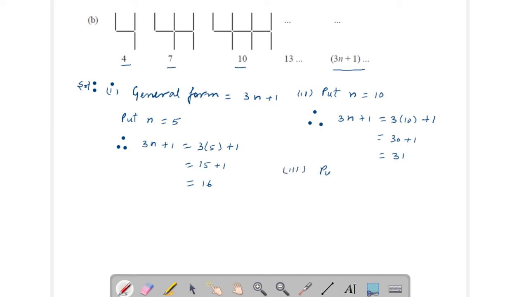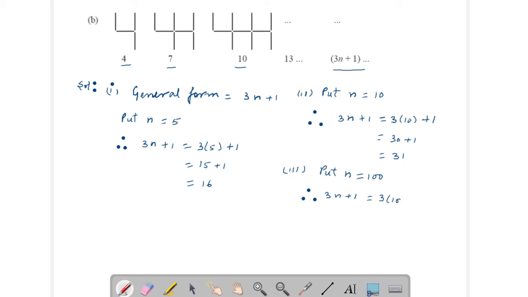Now third part. Put n is equal to 100. Therefore, 3n plus 1 equal to, here replace n by 100. It is 3.